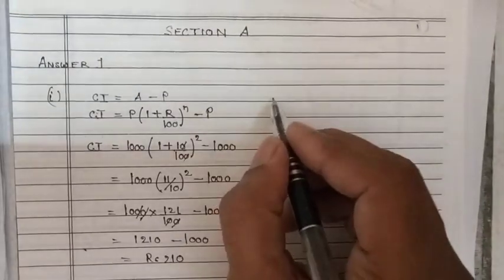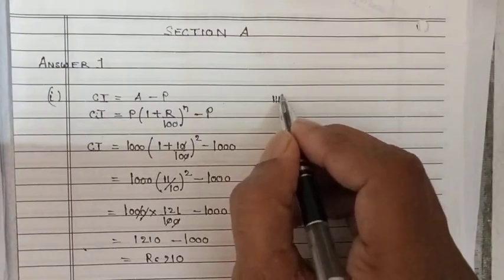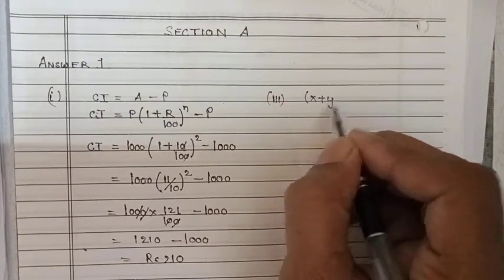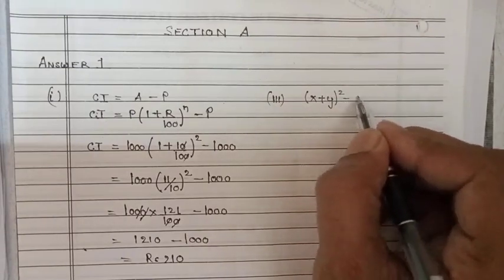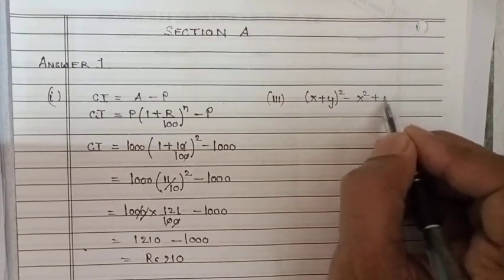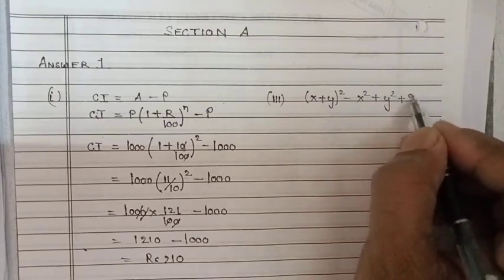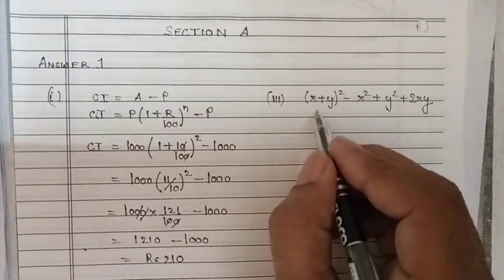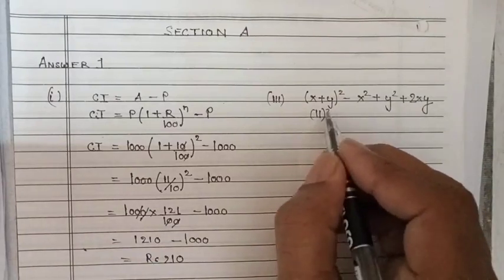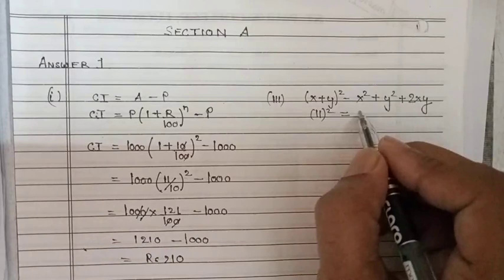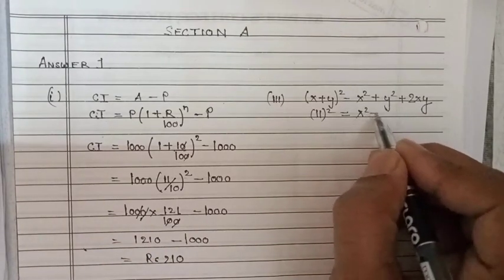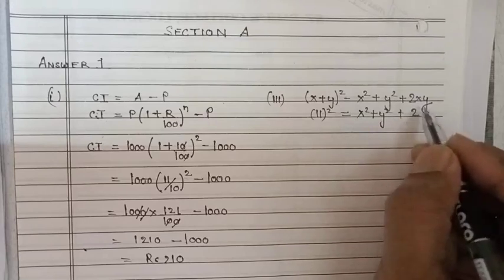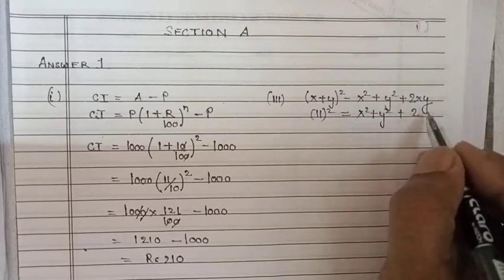So for the third part, you can use the formula (x + y)² = x² + y² + 2xy. Now x + y is given to you as 11, x² + y² you have to calculate, 2 times xy, and xy is given as 24.